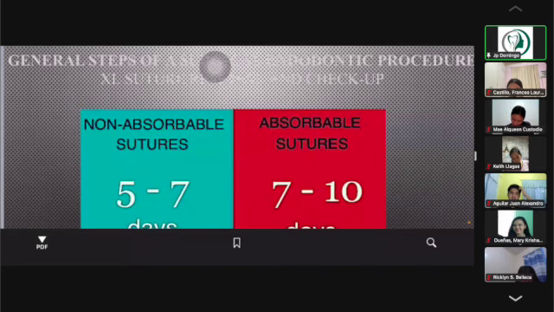Hindi yun ang totoong pakay. Ang totoong pakay natin is to check on the patient for normal healing process. Nagkataon lang na we need to remove the suture within 5 to 7 days. Pero kung wala kang tatanggalin na suture, you can make your recall or check-up in 7 to 10 days.